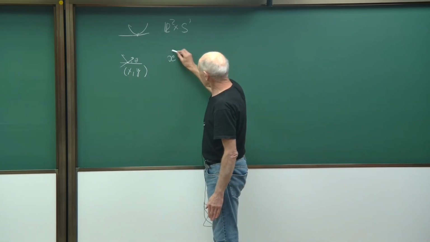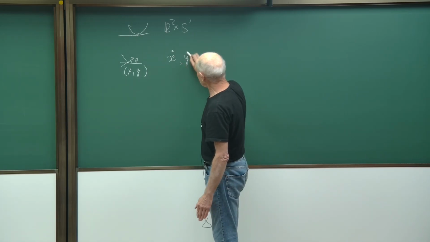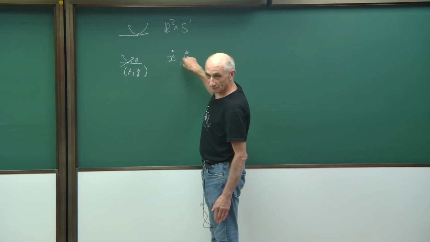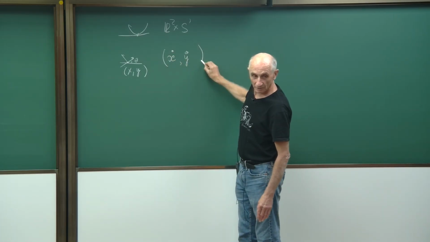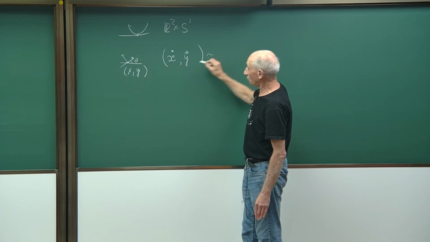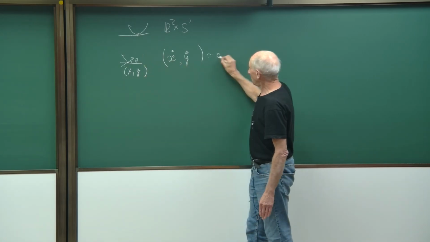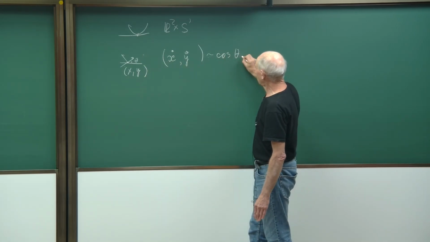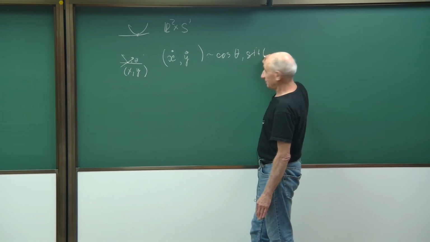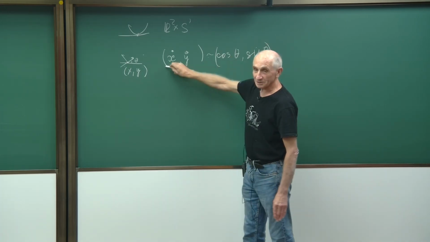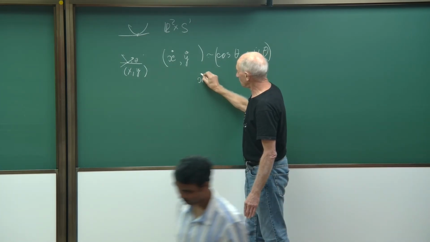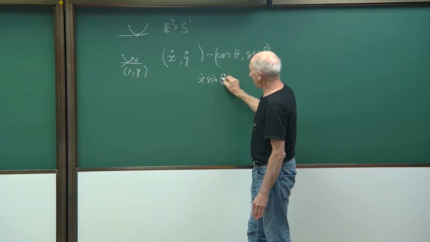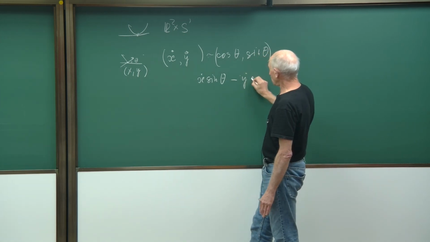So if you take a velocity vector, usually in mechanics velocity is denoted by a dot, so you have x dot, y dot, and this should be proportional to the vector cosine theta, sine theta, right? Which means that the determinant should be equal to 0, so x dot sine theta minus y dot cosine theta should be equal to 0, right?